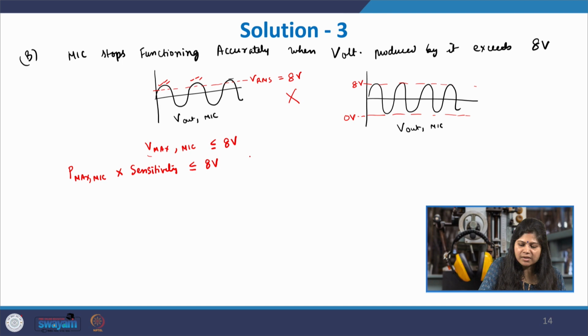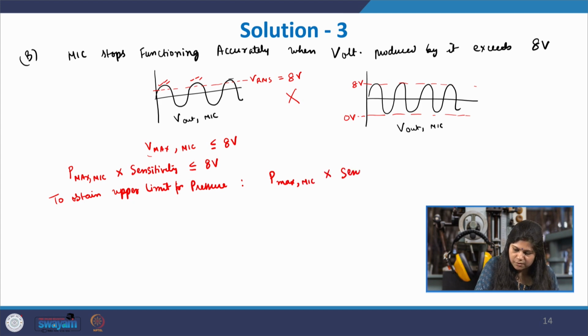So, to obtain the upper limit, we will use the equality for pressure: P max incident on the microphone multiplied by the sensitivity is 8 volts. This is the maximum.